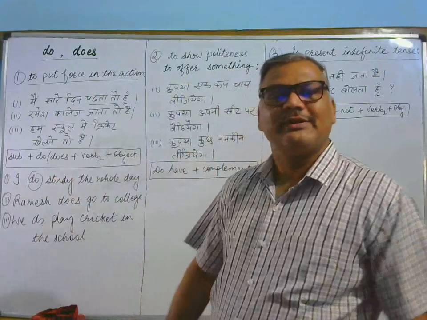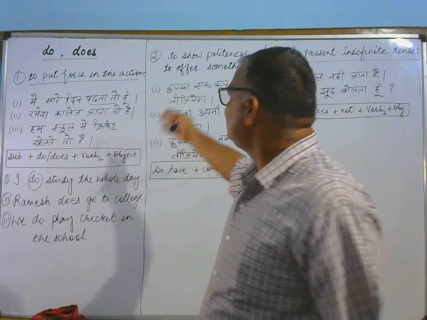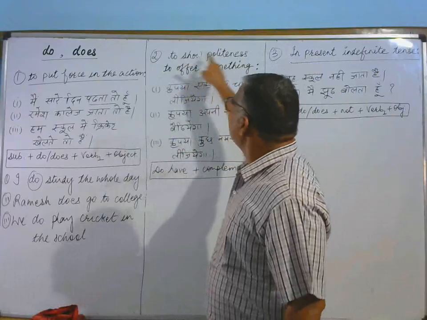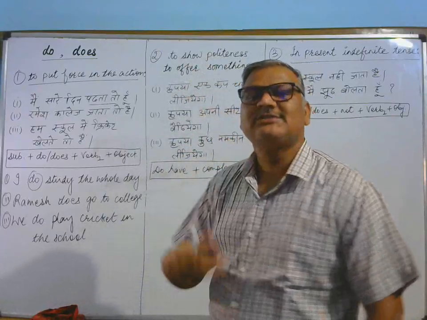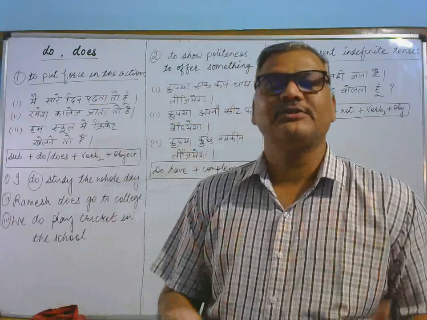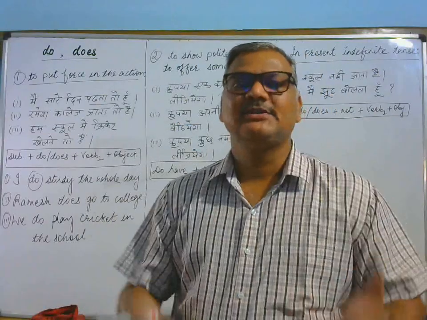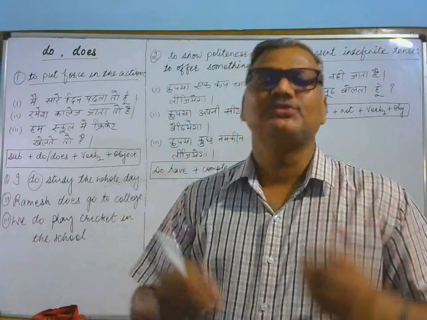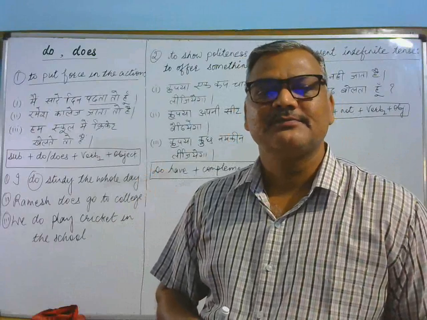The second use, let's learn the second use of do and does. To show politeness, to offer something. Sometimes we want to offer something to our guest, to our friend, and to any person.